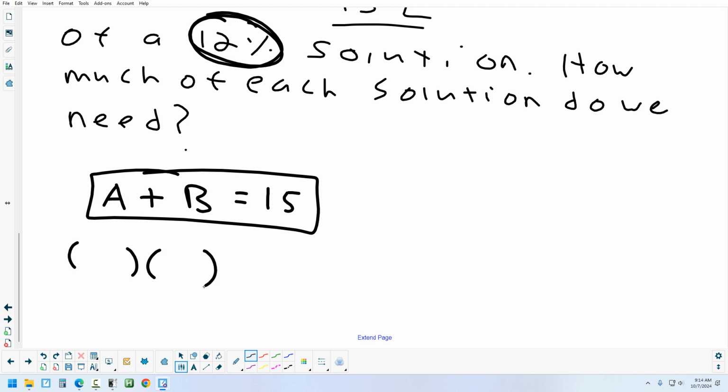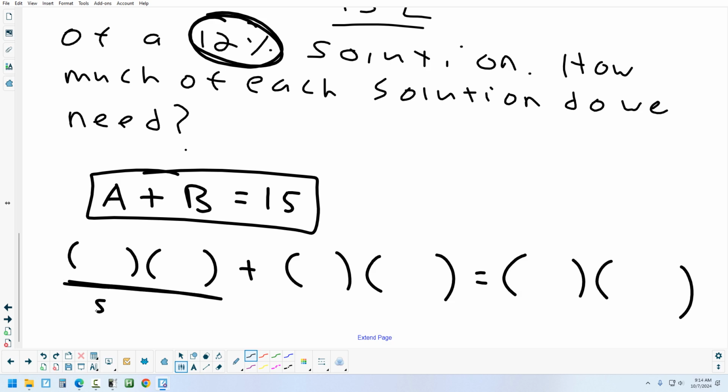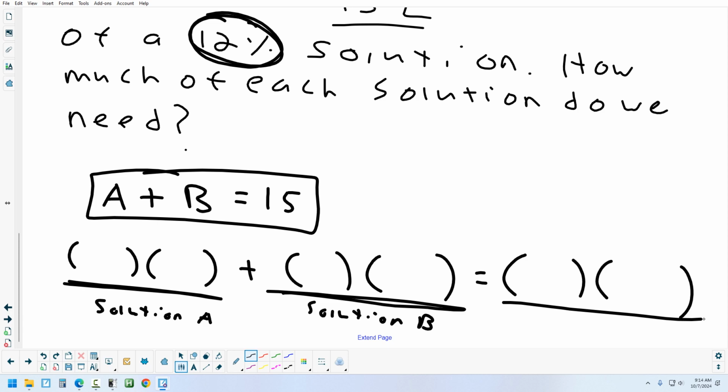Concentration times amount, concentration times amount, final concentration times the total. Okay, so this is going to represent solution A. This part represents solution B. And this part represents the final mixture.